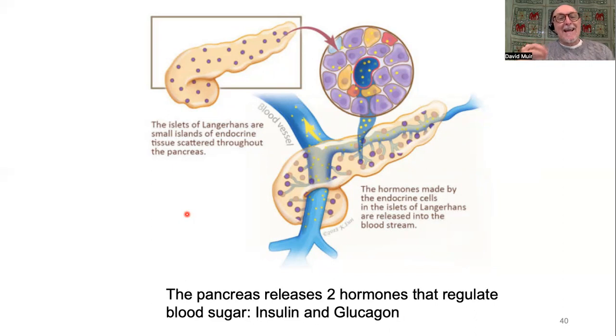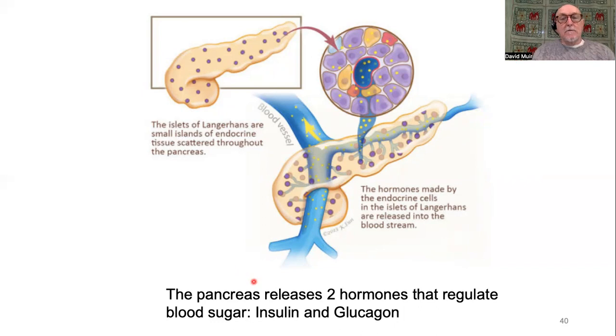But it's also an endocrine gland. It produces hormones, which are regulatory. And there are two hormones which monitor and regulate blood sugar. One you've heard of, I'm sure, is insulin. The other one is called glucagon.